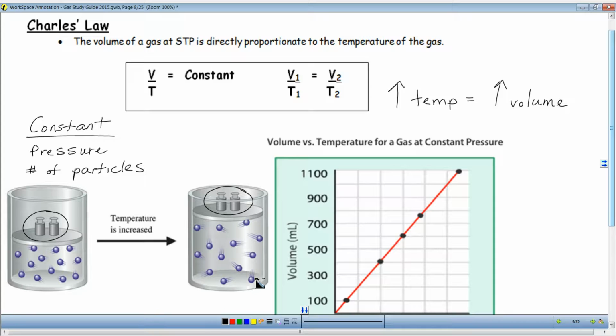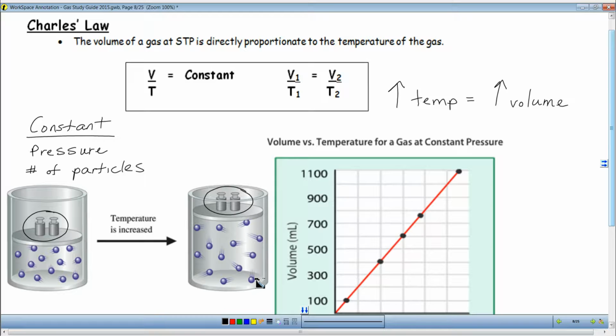They're escaping through some kind of a leak. So when we study Charles' law in the lab, we have to have a tight seal on our equipment so that the number of particles is constant, and obviously the external atmospheric pressure would be constant.